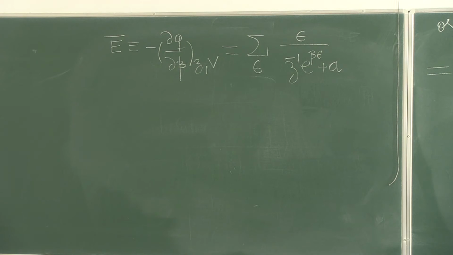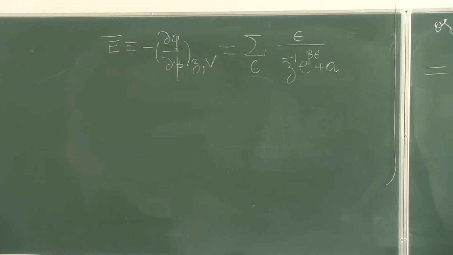Very simple, isn't it? Multiply the single energies with the number of particles in those single energy states, sum them up, you get the total average energy.